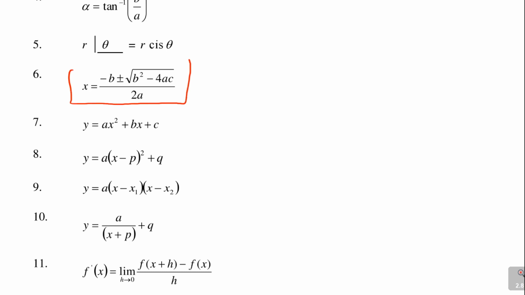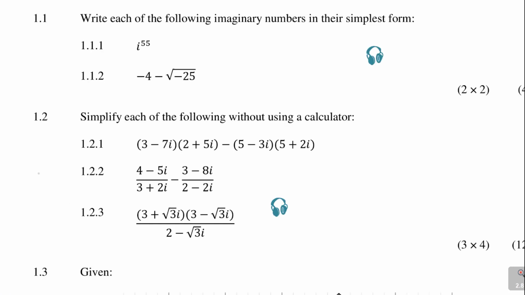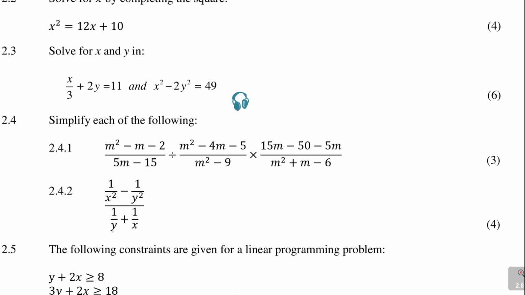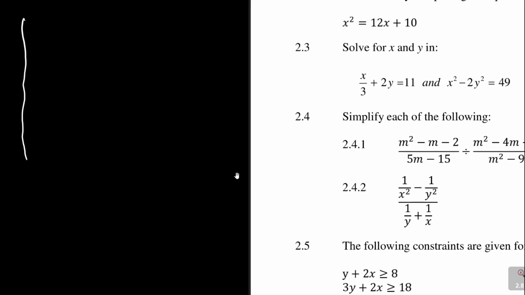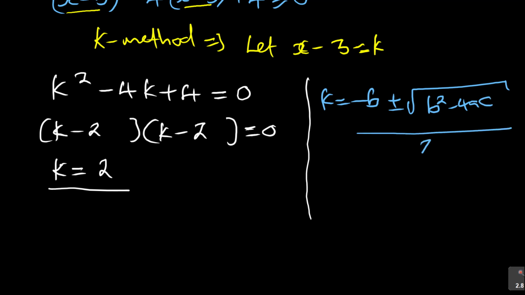If you use this formula, it will make things much better for you: x is minus b plus or minus the square root of b squared minus 4ac, all over 2a.